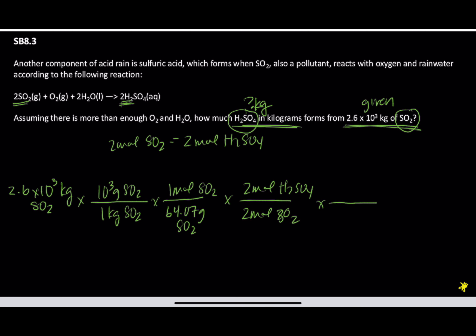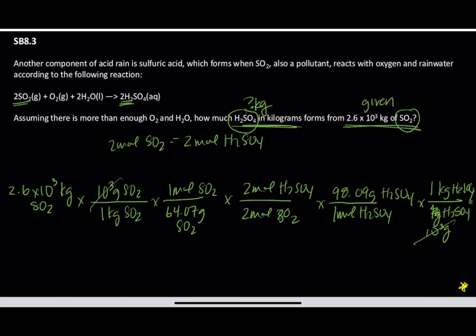Now that we're in moles of sulfuric acid, we can use the molar mass of sulfuric acid to get to grams of sulfuric acid. And once we are at grams, we can use our SI conversion again to go from grams to kilograms, which is what the question's asking for in this case. Otherwise, it wouldn't matter and you wouldn't need to do that last step, right?